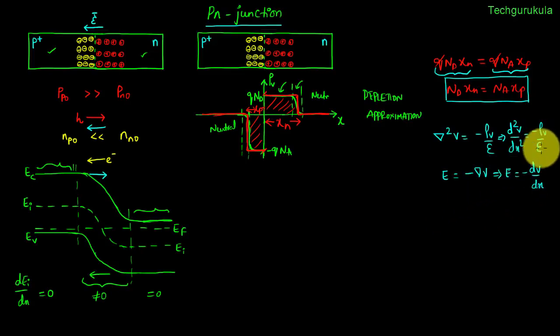Based on these two equations, the relationship between electric field and charge distribution would be the integration of rho V by epsilon dx.